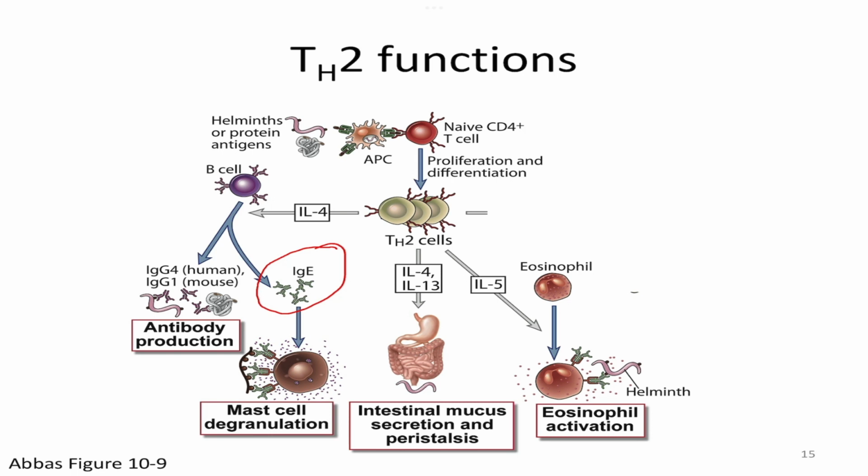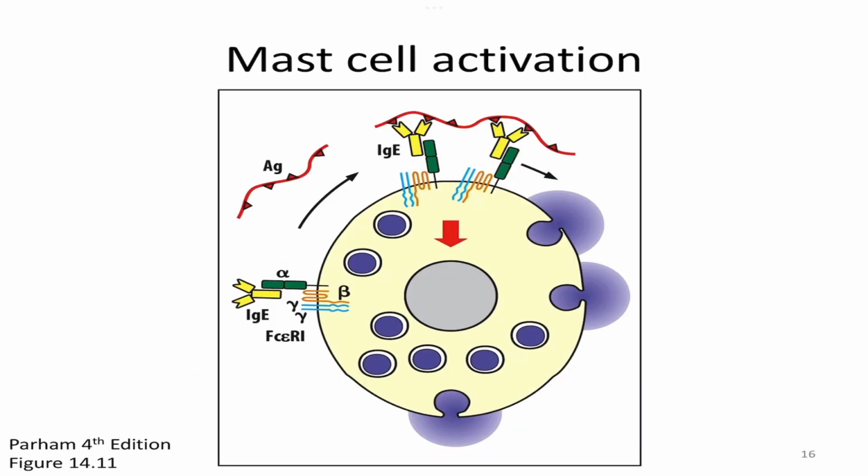We also will see some IL-5 that can induce eosinophil degranulation, and we can see these cytokines also involved in mucus secretion and peristalsis. And oftentimes, when we think about Th2 cells, this mast cell activation is particularly key.